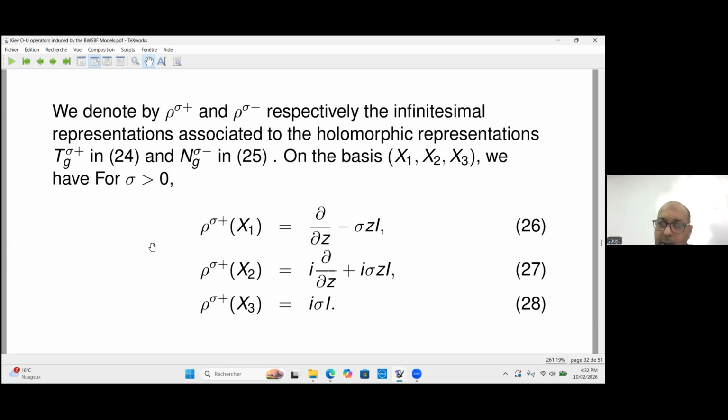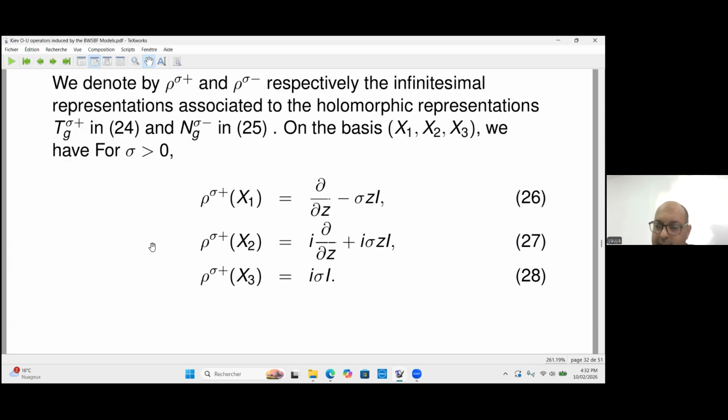So for the positive value of sigma, we have three operators. The first two are a first order operator plus a constant term. The third one is related to the center of the Lie algebra.